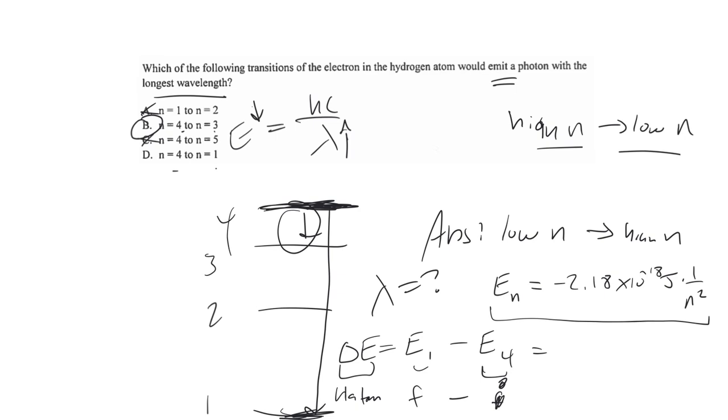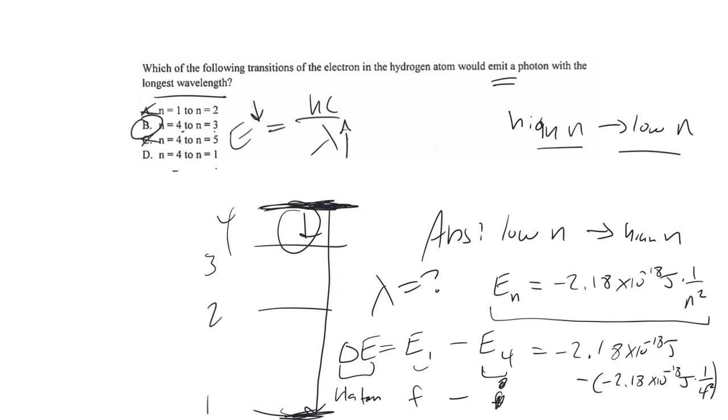So I'm just plugging in a 1 here, so I do minus 2.18 times 10 to the minus 18 joules times 1 over 1 squared, and then minus negative 2.18 times 10 to the minus 18 joules times 1 over 4 squared. It's a negative sign, so just plug in and do the math the right way.